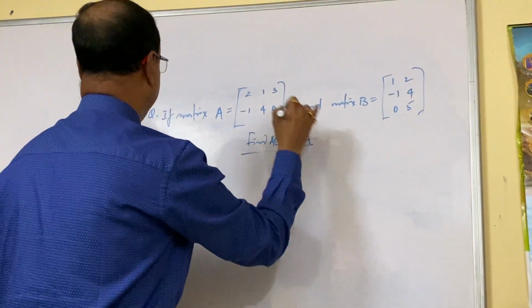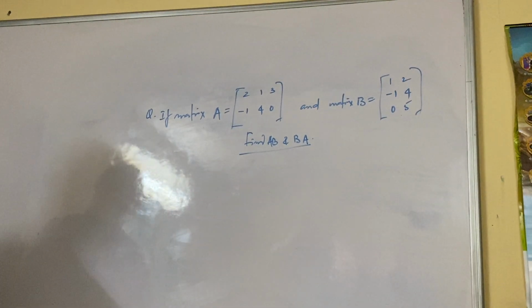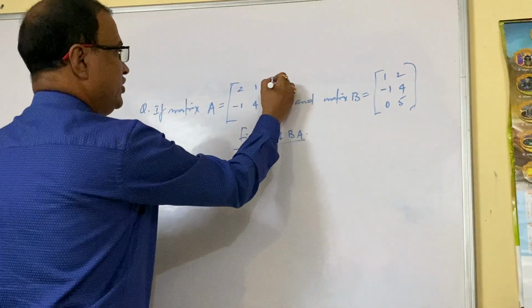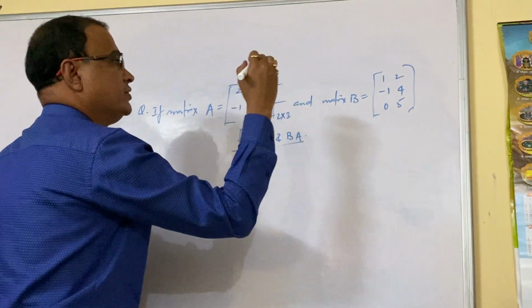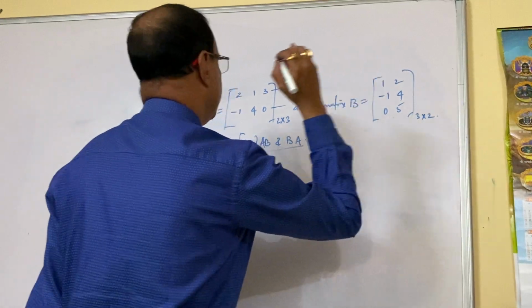If you wish to do this sum, everyone please give focus, because multiplication of matrices is not so easy. A has 2 rows and 3 columns, so it is a 2 by 3 matrix. B has 3 rows and 2 columns, so it is a 3 by 2 matrix.